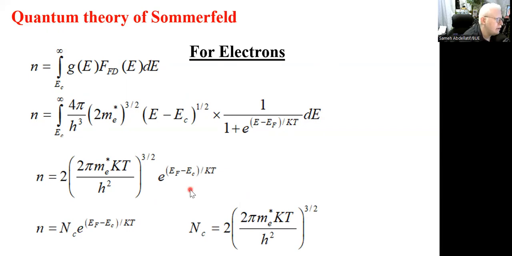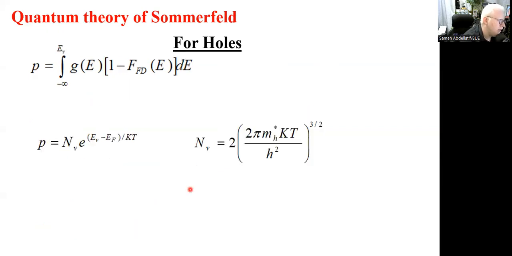Similarly, you can calculate the number of holes p by integration from EV to negative infinity. This is simply because holes or broken bonds are only defined in the valency band. Again, here we are using the density of states for the valency band multiplied by 1 minus the probability to find an electron.